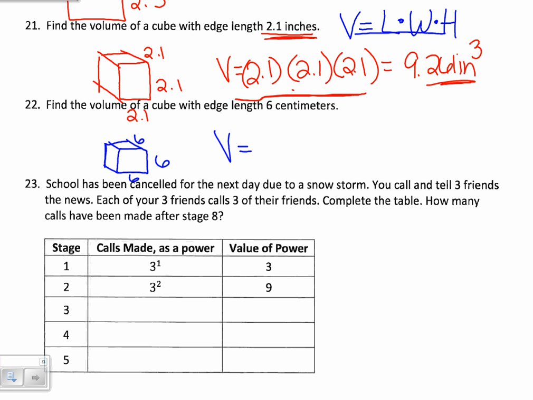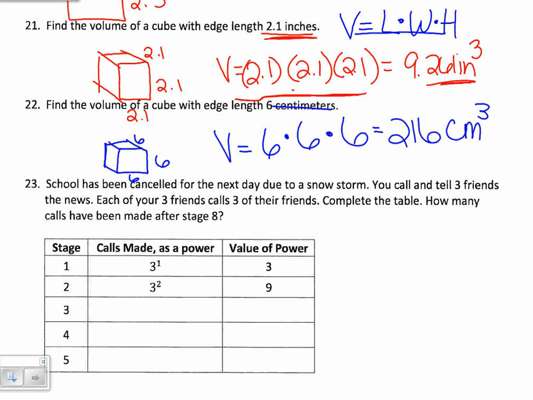Volume equals my length is 6, my width is 6, and my height is 6. When I take 6 times 6 times 6, I get 216. Our label here is centimeters cubed, because we're dealing with volume, and volume is always cubed.